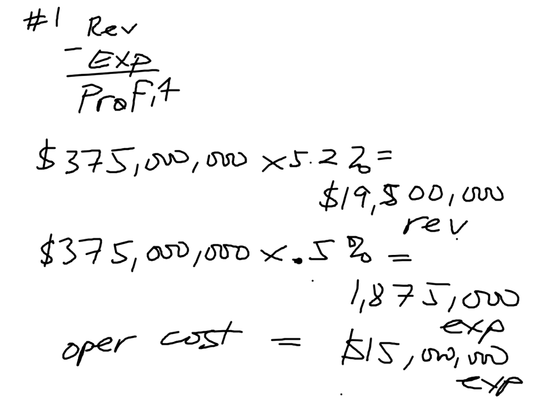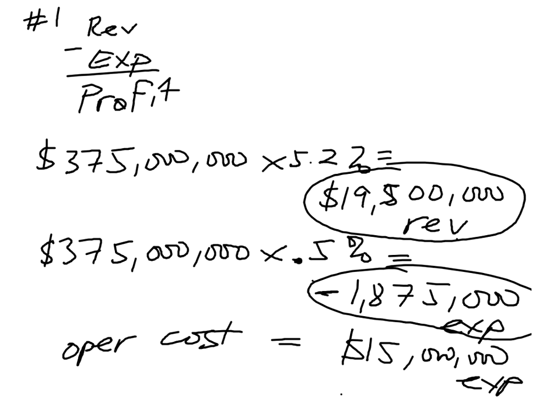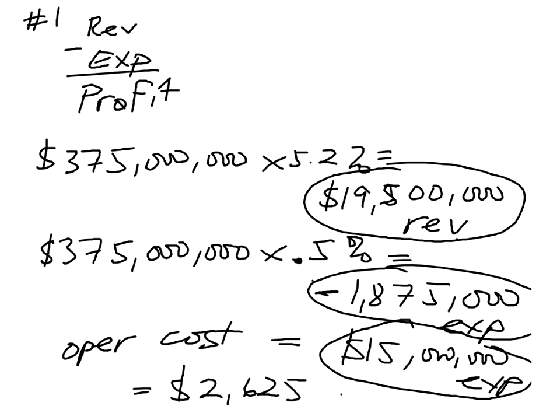So we have our 19.5 million in revenue. We subtract 1.875 million in expenses, and then another 15 million in expenses, and that gives us our profit of $2,625,000 profit.